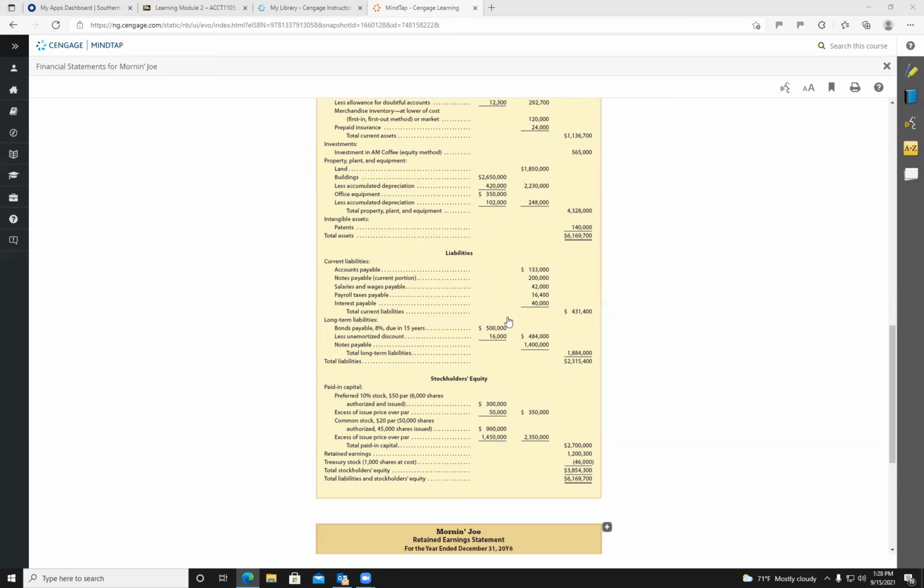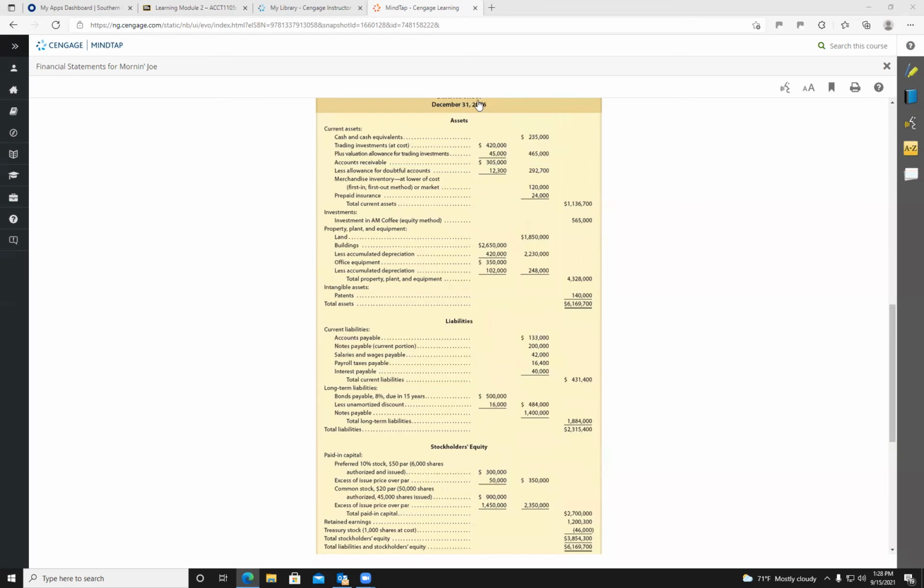What they're saying here is that in the next coming year, they are expecting to pay about 200,000 against that notes payable. So that's the portion they're going to put up in current liability because they're planning on paying that in the next year. I just want to give you a visual of what it would look like on a balance sheet, and how your liabilities are listed.